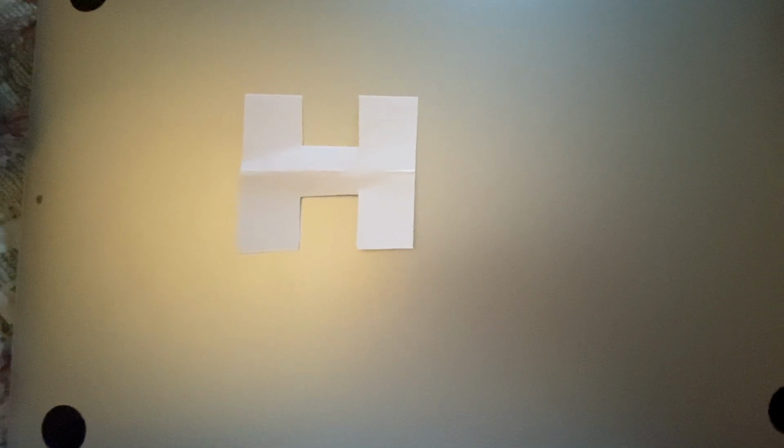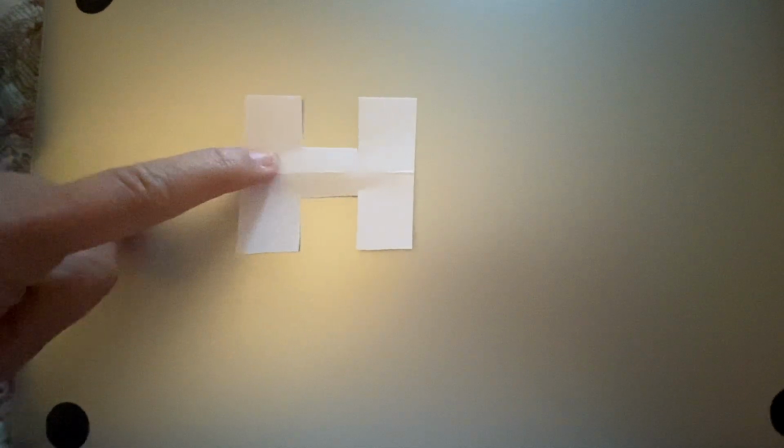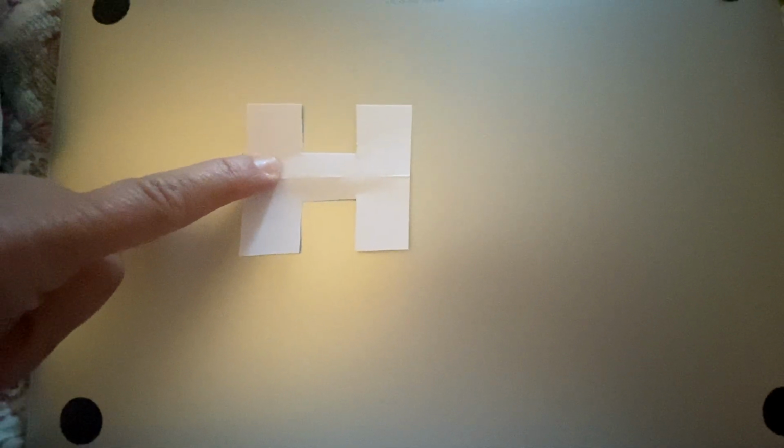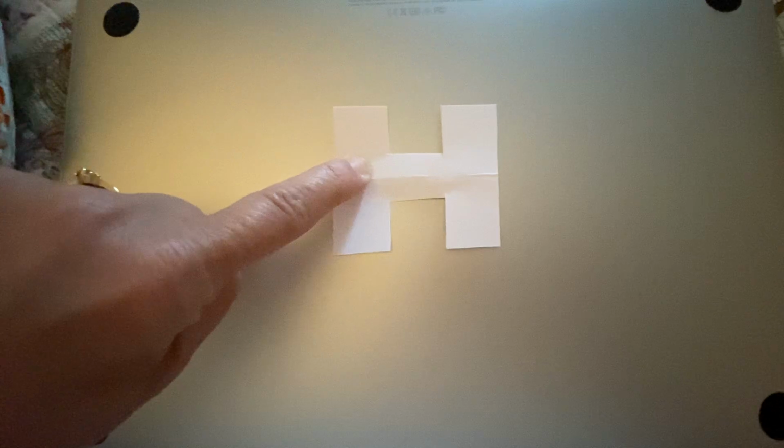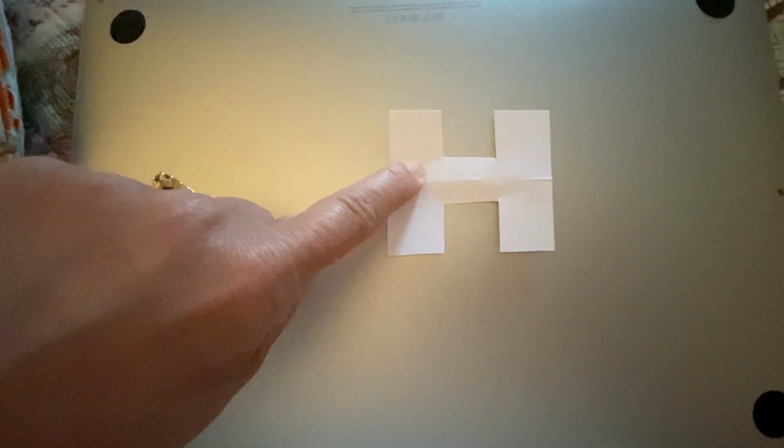So the first thing we're going to talk about is translation, which is a slide. The definition for a translation is a movement of a figure along a line without flipping or turning. Basically, it's like we have this letter H and we just want to slide it over without picking it up, without turning it or anything.